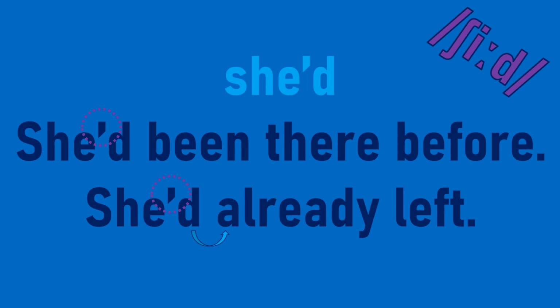Good. So thinking about grammar then, if I said to you, she would been there before, does that feel natural to your ears? Similarly, if I said, she would already left, how does that sound when you hear me say that? Hopefully, your intuition is telling you it sounds a bit weird, it sounds unnatural, because it is. We wouldn't say that in English because it doesn't hold any meaning.